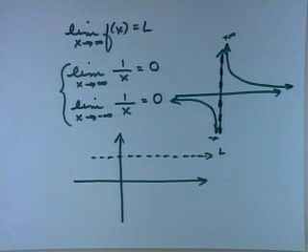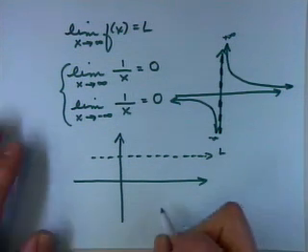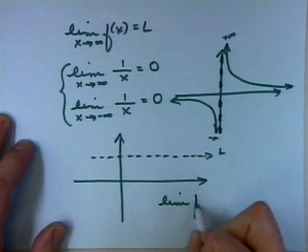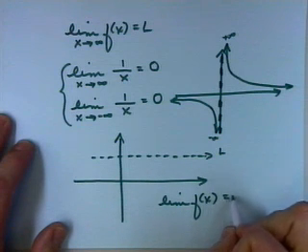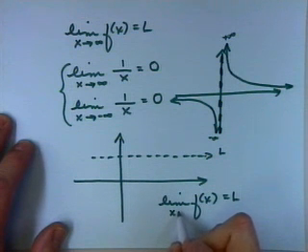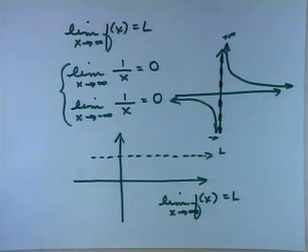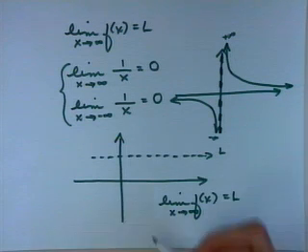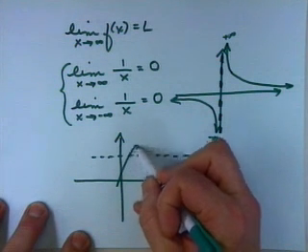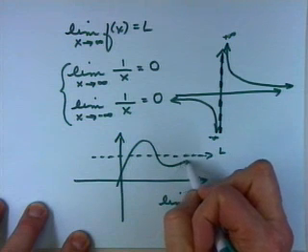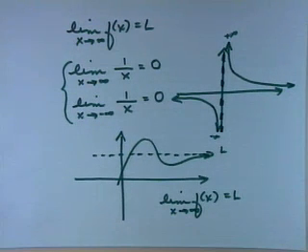So that's L, the line y equals L. If the limit of the function is L as x goes to infinity, that just tells me that eventually, way out there to the right somewhere, my picture has to get closer and closer and closer to that dotted line. So is it possible that I could come in here and cross the asymptote and then approach it from this side? That's certainly possible.